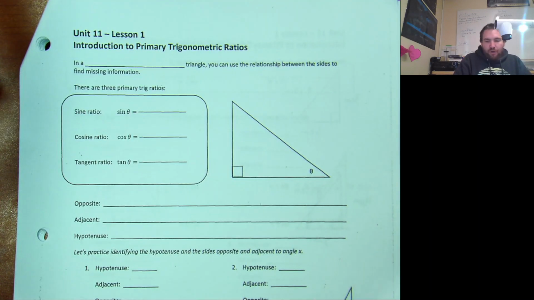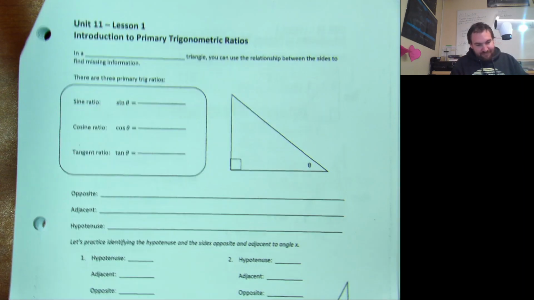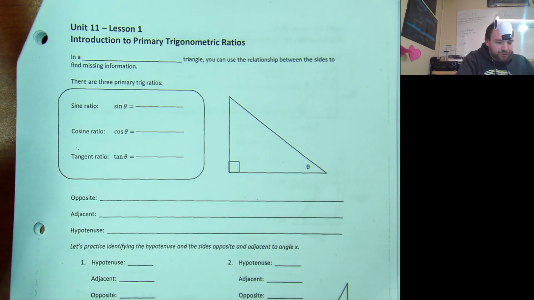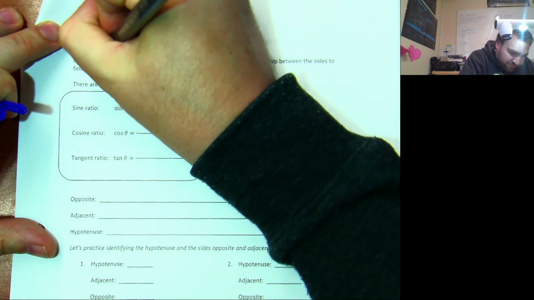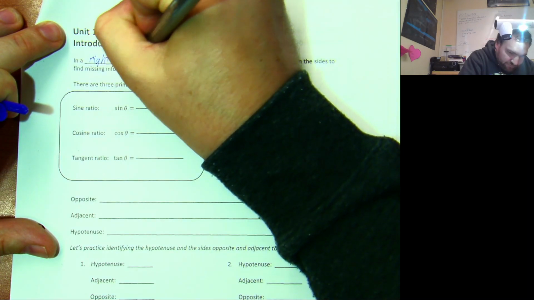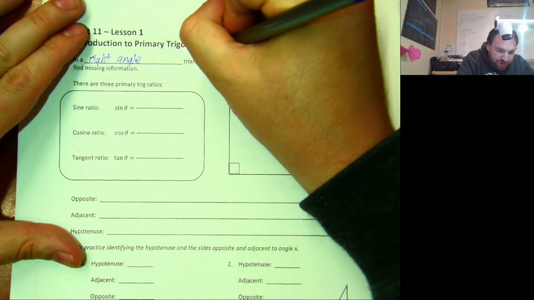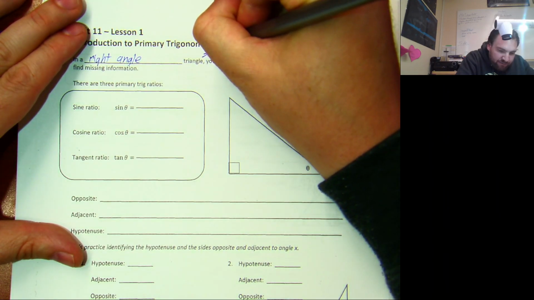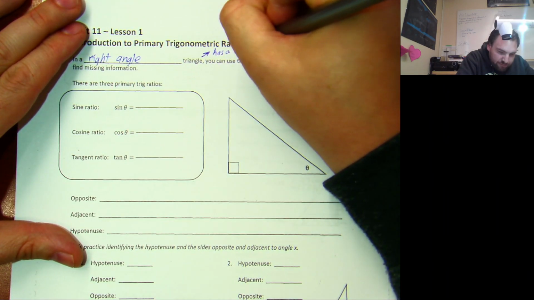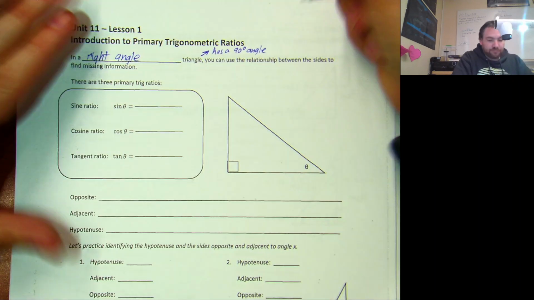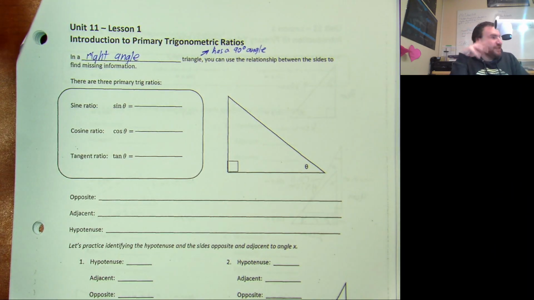Here we go. So, in a right-angled triangle, and a right-angled triangle, just so we recall, it has a 90-degree angle. You can use these relationships between the sides and the angle of your choosing to find missing information, which can be really useful.